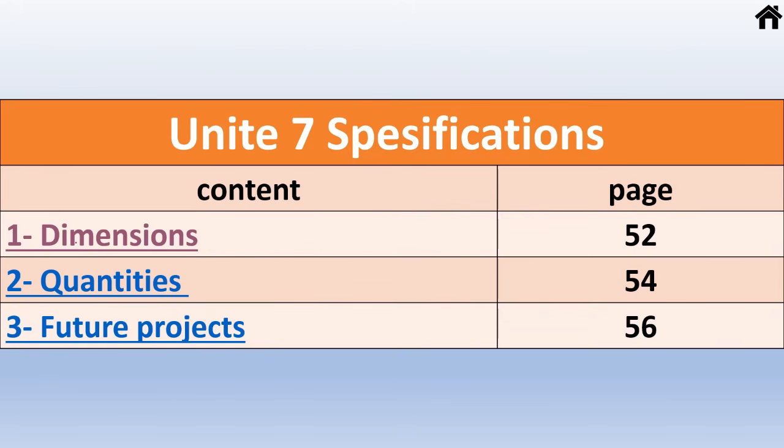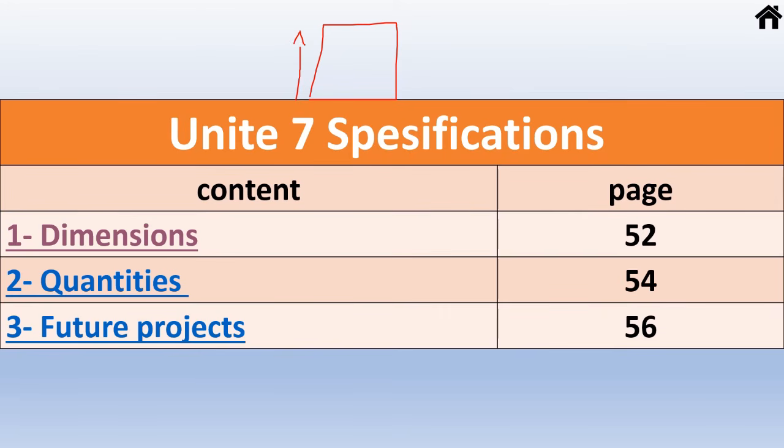Number one, we talked about the dimensions. We said dimensions are used if you want to talk about the numbers or the distances, or to describe the sizes of objects.